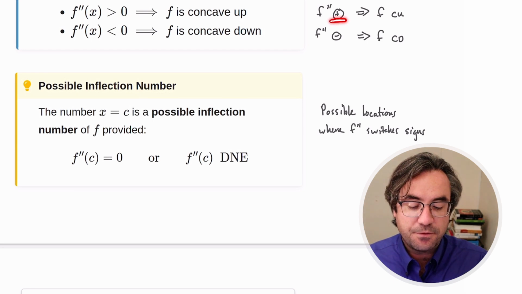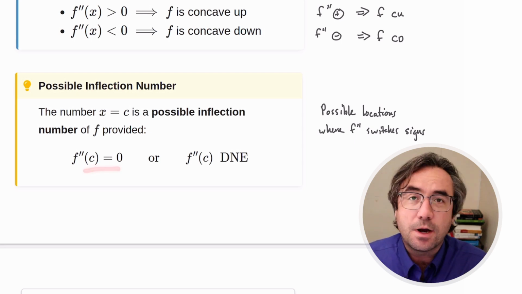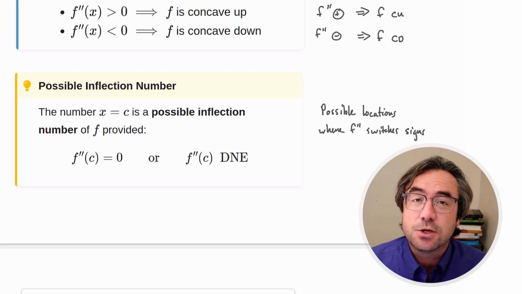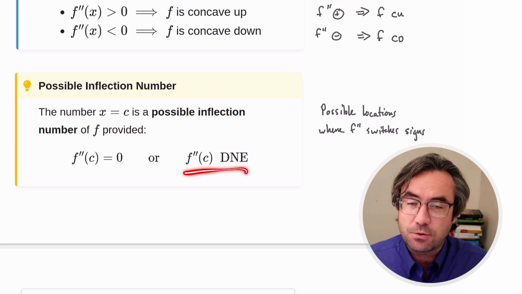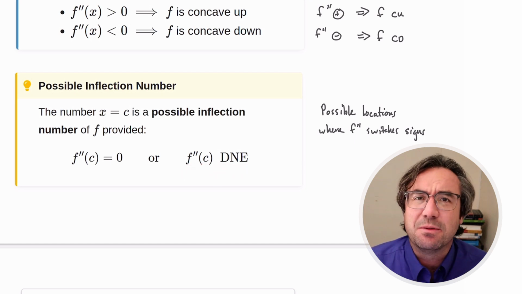The only way a function can go from positive to negative is if it either crosses the x-axis, actually goes through the x-axis, or it jumps across the x-axis. So that's what this does not exist. We could have a jump.